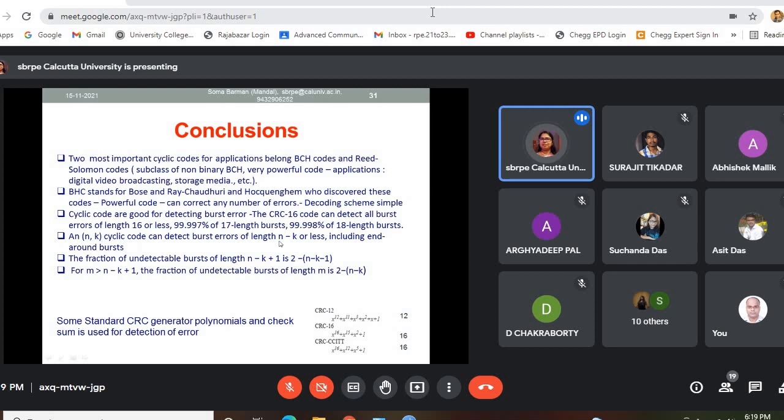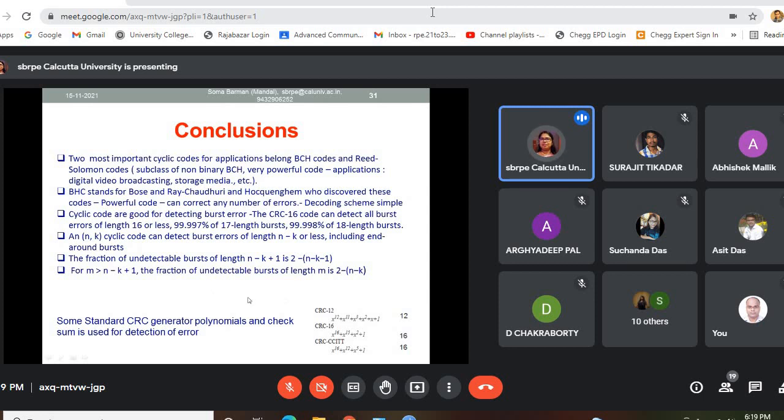So for a (7,4) code, how long a burst error can be detected and corrected? At most 3, including end-around bursts. The fraction of undetectable bursts of length n minus k plus 1 is 2 to the power minus (n minus k minus 1). These are just formulas.